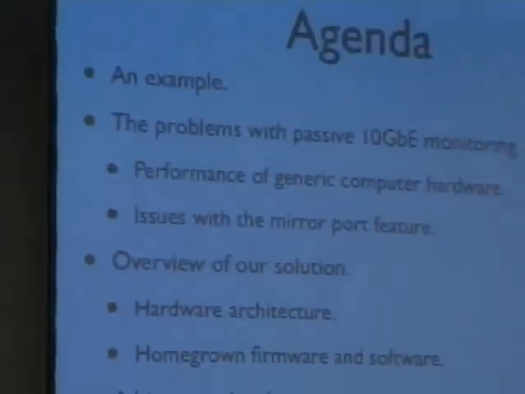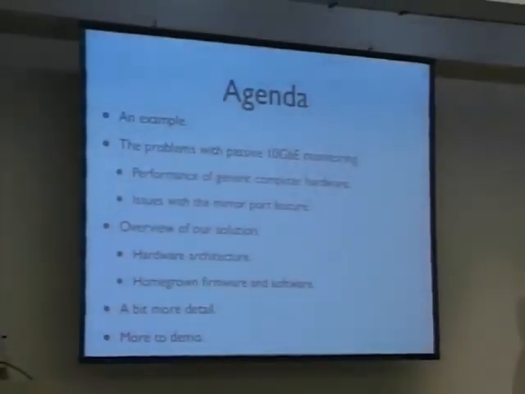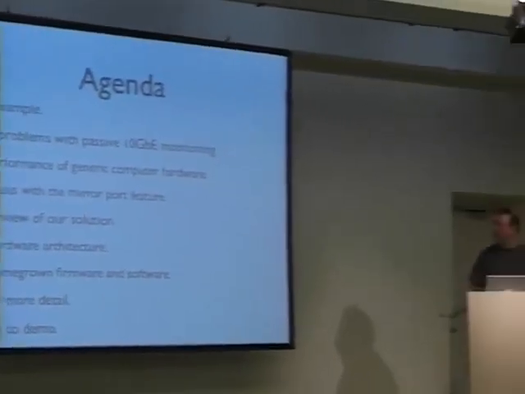So let's have a look. I'm now going to do the real slides and not be clumsy with screens. I'll go back to another demo later on. So what's the agenda? I first start with an example on slides, which is basically the same thing as I just showed you. Then I will try to tell you what the problems are with monitoring on 10 gigabit Ethernet on these fast links. Why a general purpose computer, even a really fast one, is not fast enough to do this.